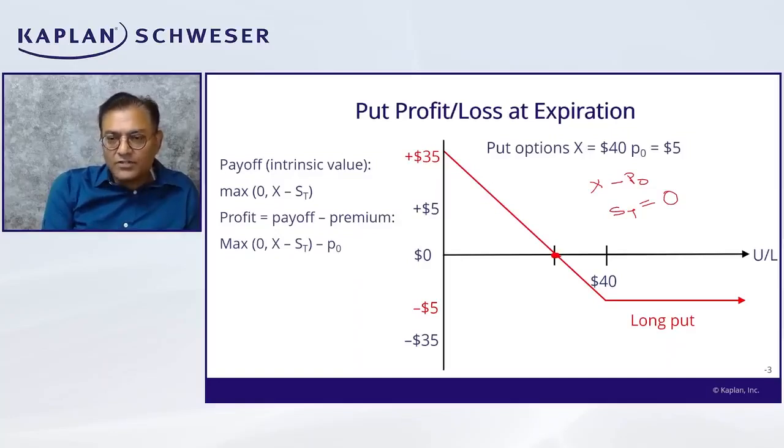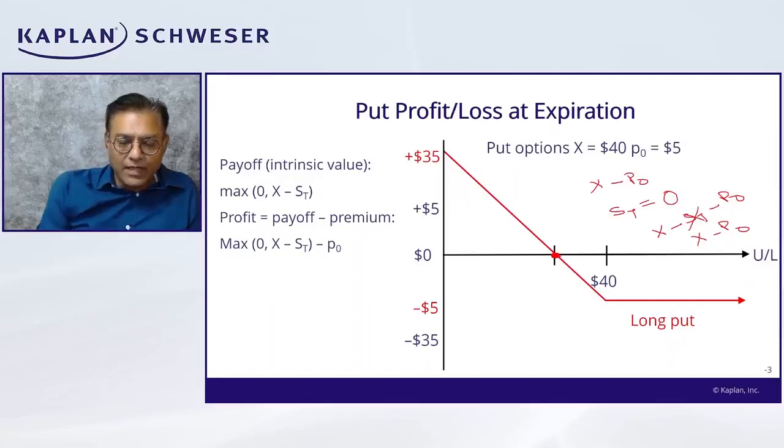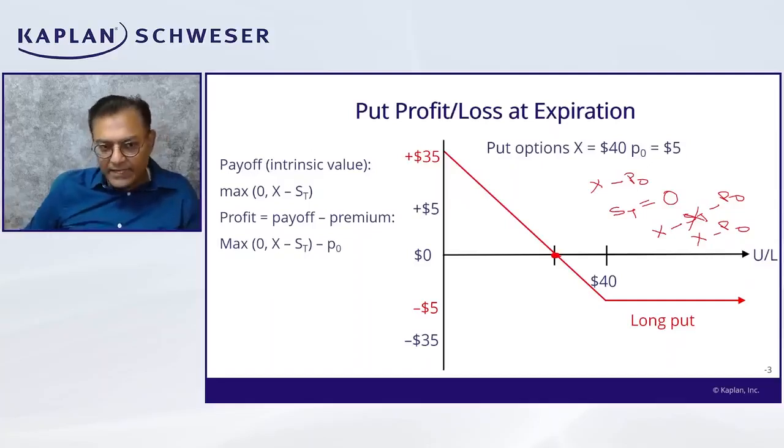So the worst that could happen to the stock is it becomes worthless, $0, in which case the profit to the option holder, the long party, is simply the exercise price minus ST minus P0. ST is 0, so it becomes exercise price minus the put option value. That is the maximum gain. Or in this example, $35 is the maximum gain possible. What is the maximum loss? For a long party, always the maximum loss is the option premium.